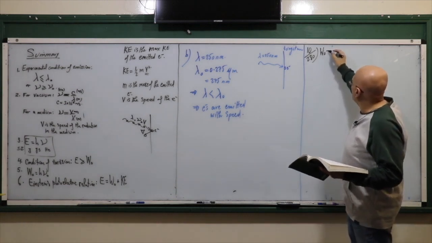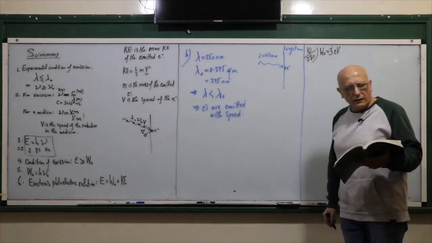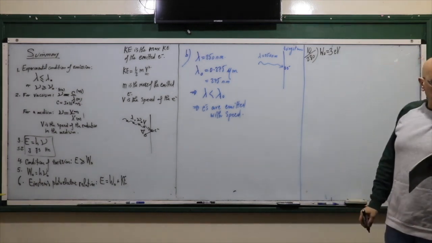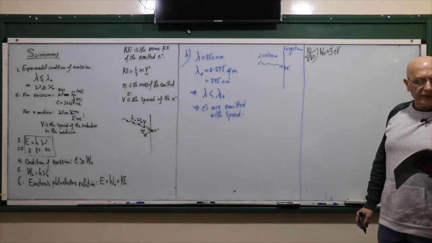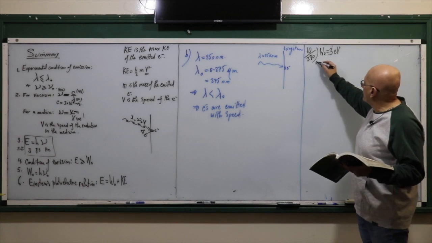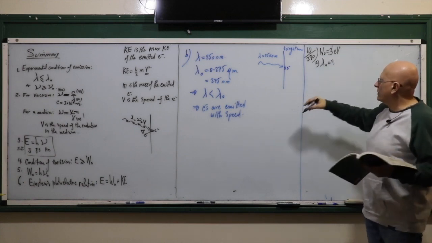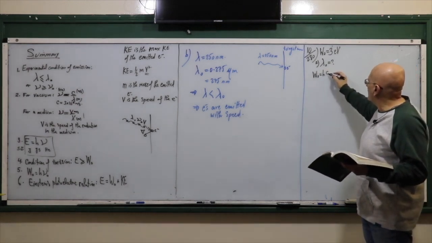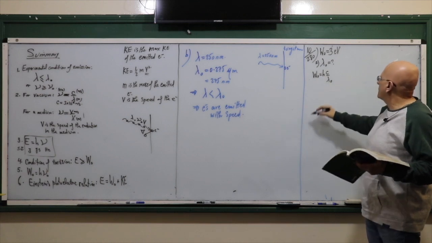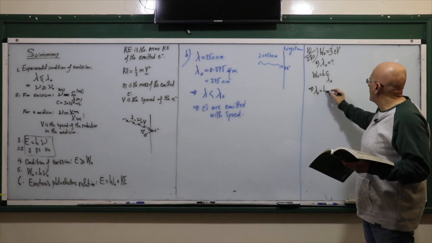So W node is equal to 3 electron volt. Find the maximum wavelength of light capable of producing photoelectric effect. So maximum wavelength means lambda node. Similar to the previous exercise, you can write hc over lambda node, which implies lambda node equals hc over W node.